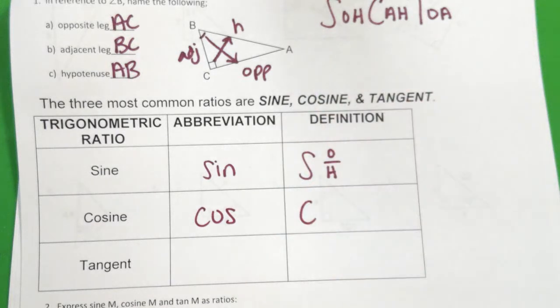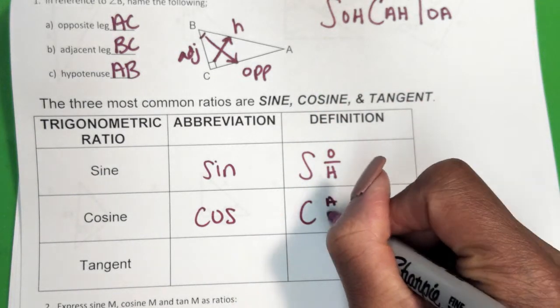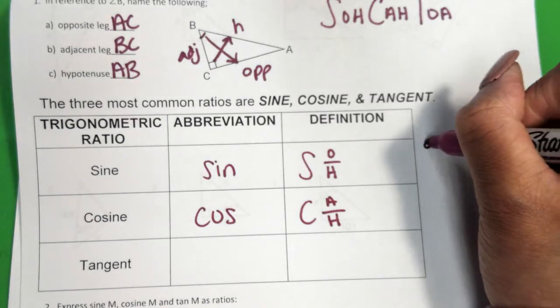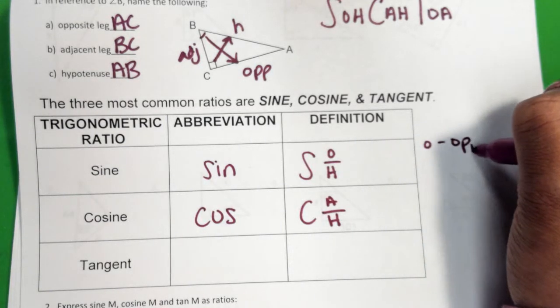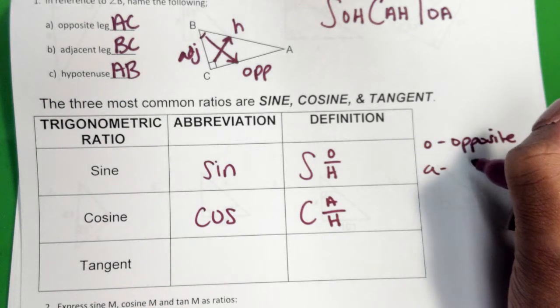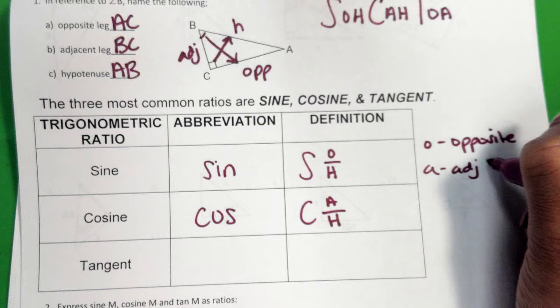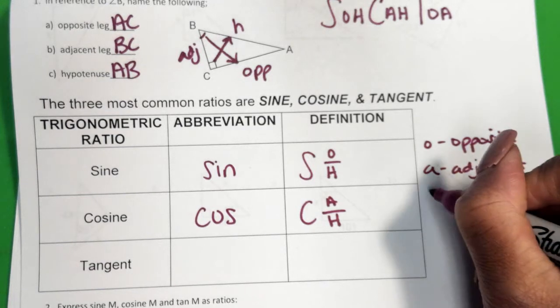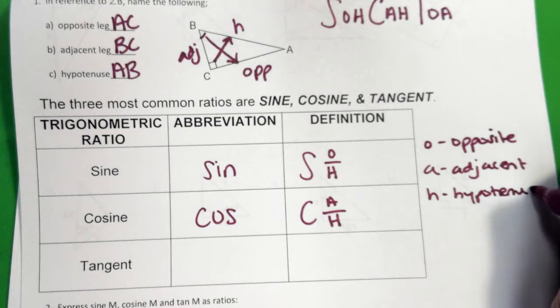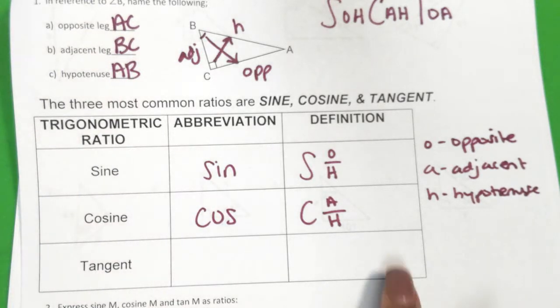In this acronym, I have A on top, so it would be adjacent over hypotenuse. I'll write it on the side. O means opposite, capital A means adjacent, which means next to, and H means hypotenuse. Pardon the handwriting.